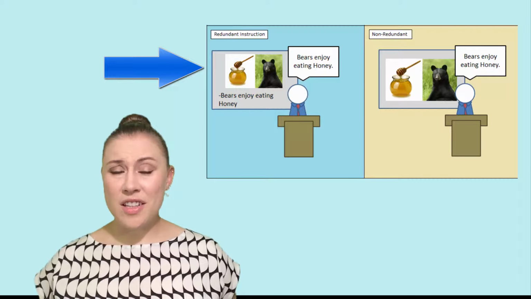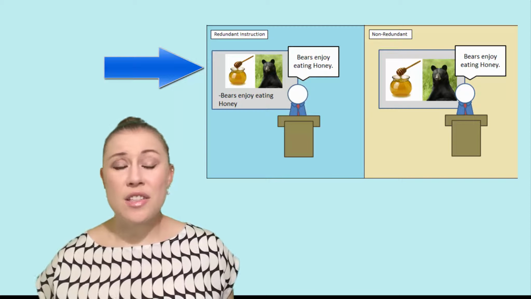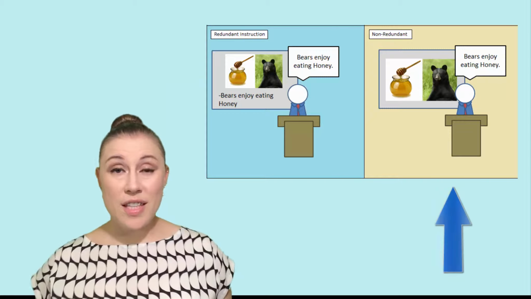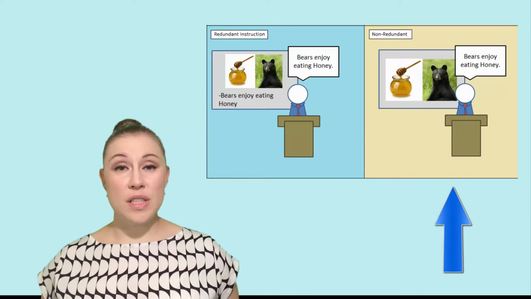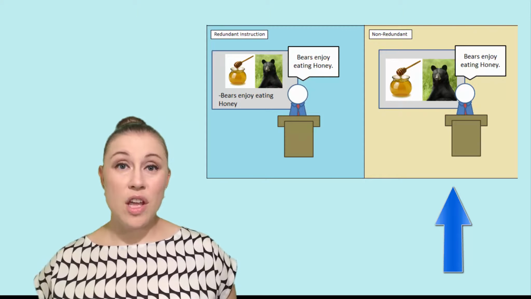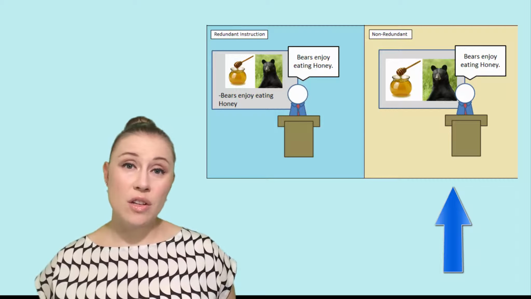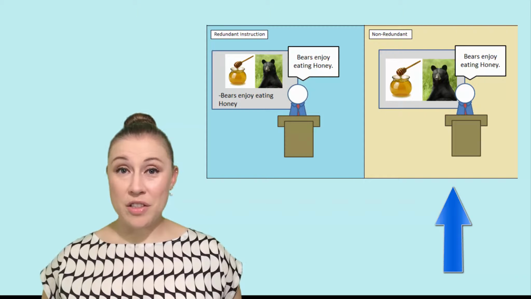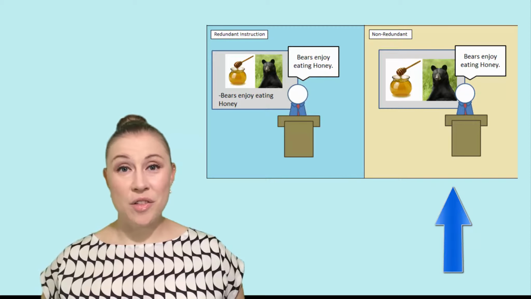The students are not getting the information because it is redundant and it's overloading the working memory. In the other picture, the second picture, you see the educator just has the picture posted, and then they are just narrating everything they want the students to know. So the students do not have to waste the time also reading the information on the board at the same time. This second picture is a good example of how to reduce redundancy in the classroom.